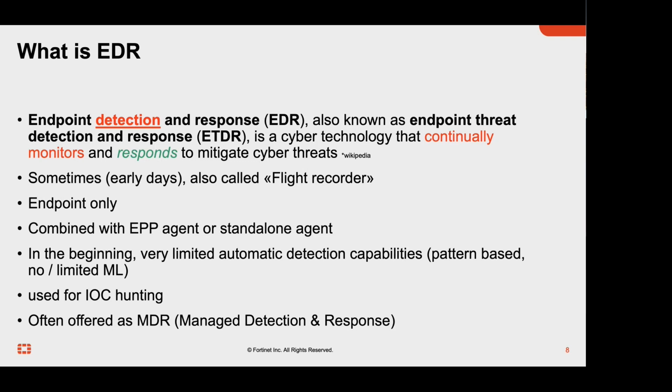But this is nothing which will happen this year, maybe during next year, but I'm not sure about that. And as you could see, it was really used in the beginning for IOC hunting, for indicators of compromise. This gives you the capability to search for hash keys, IP addresses, file names, whatever.